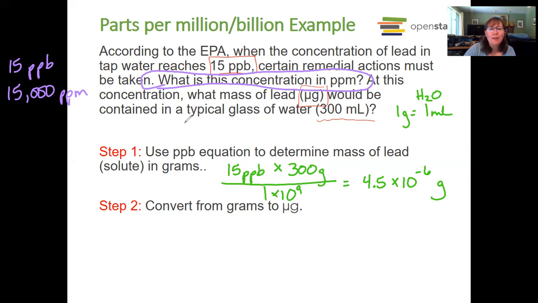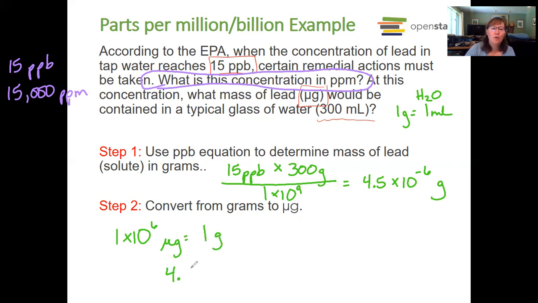Now, because it's asking us for the mass in micrograms, and this is really small, it's hard for us to concentrate on that. A lot of times when we're talking about parts per million or parts per billion, we're going to be talking about micrograms or milligrams, not grams, because they're just too small. To go from grams to micrograms, remember that there are 1 times 10 to the 6th micrograms in 1 gram. That's from chapter 1.